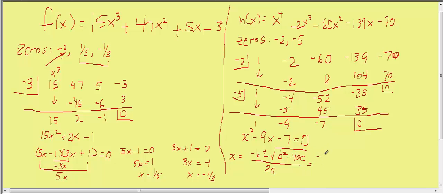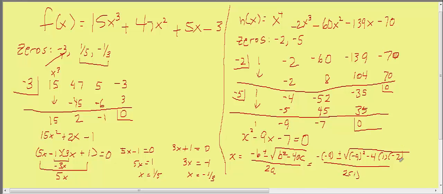So I'm going to have negative of negative 9 plus or minus the square root of negative 9 squared minus 4 times 1 times negative 7, all over 2 times 1.